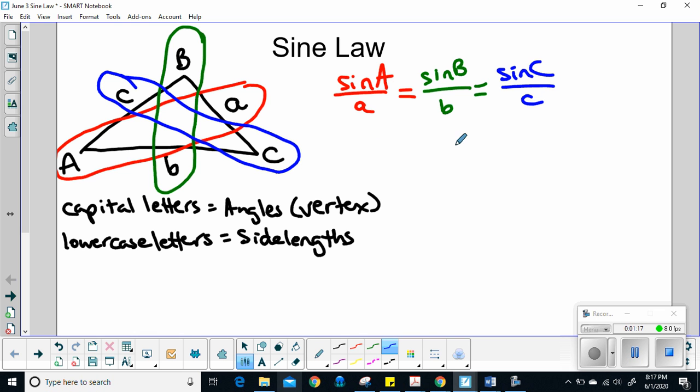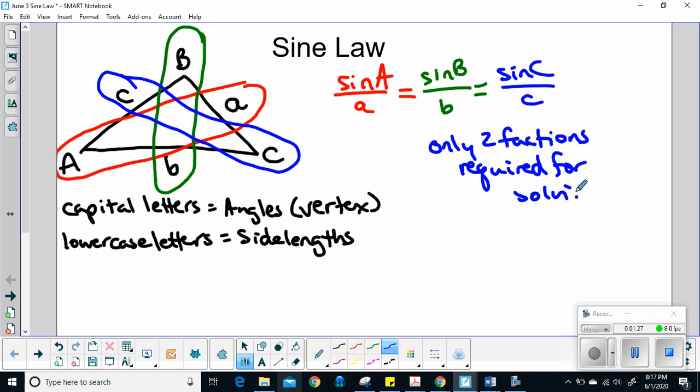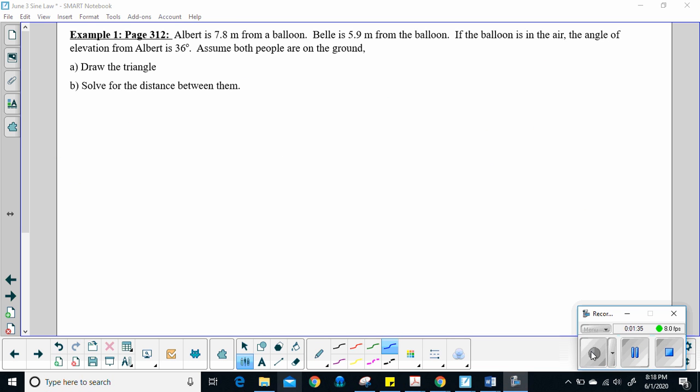And as long as you have two of these, only two fractions required for solving. So let's do an example and figure it out. Sound good? Sounds good.